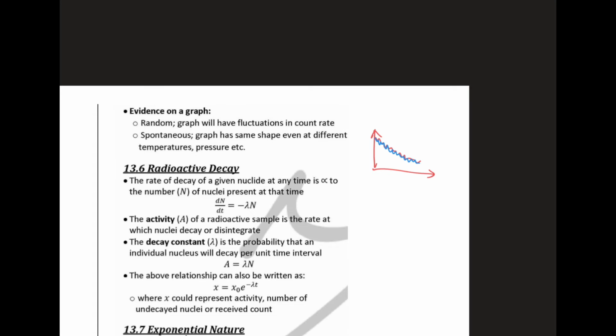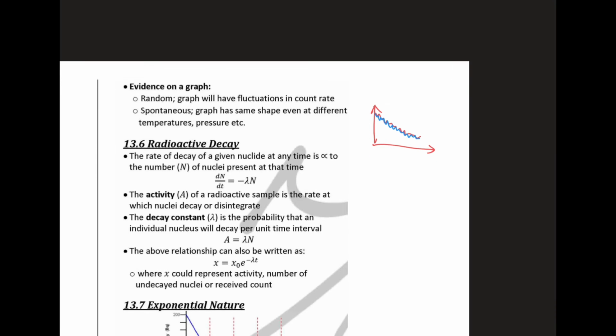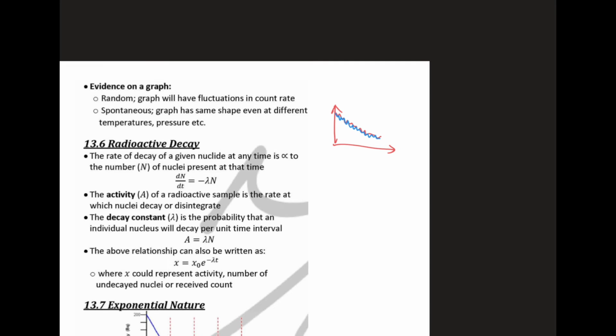Okay, now radioactive decay. So now we have some formula together with some calculation here. First, the rate of decay of a given nuclide at any time is proportional to the number N of nuclei present at that time.